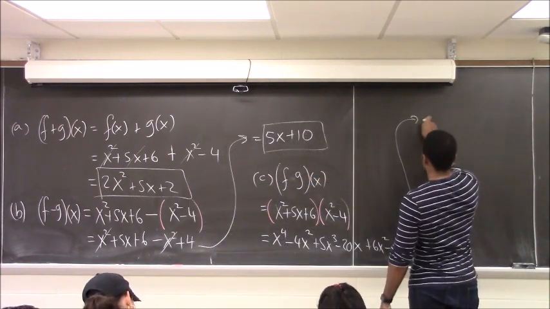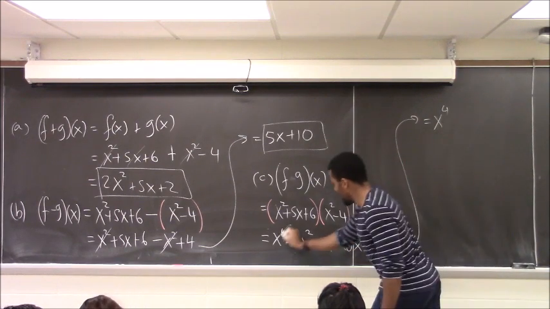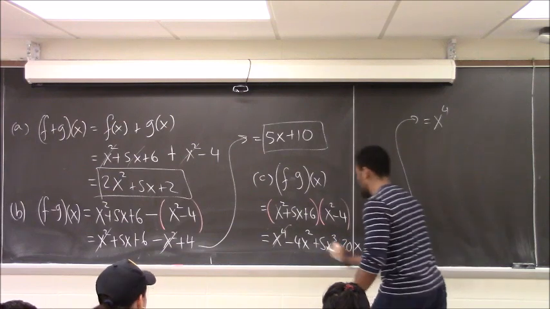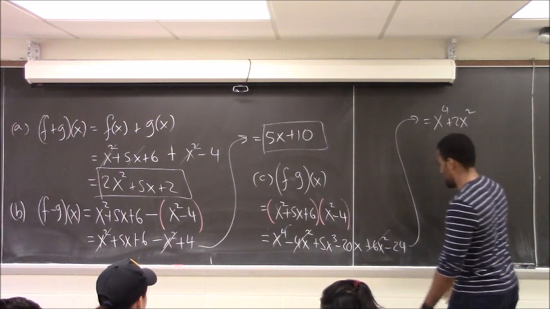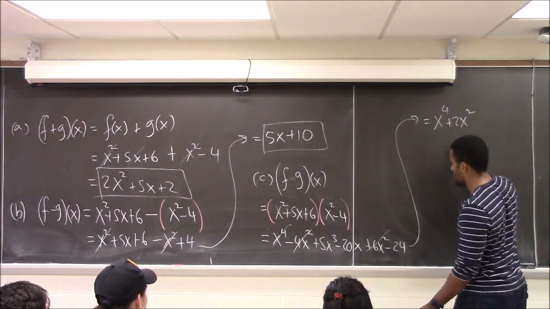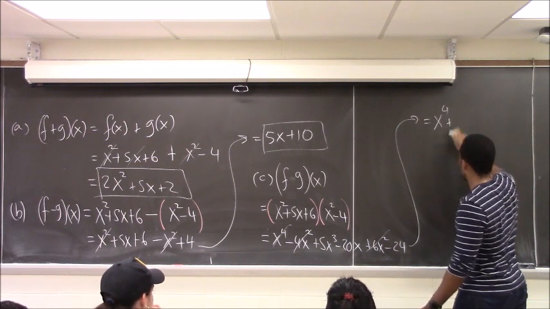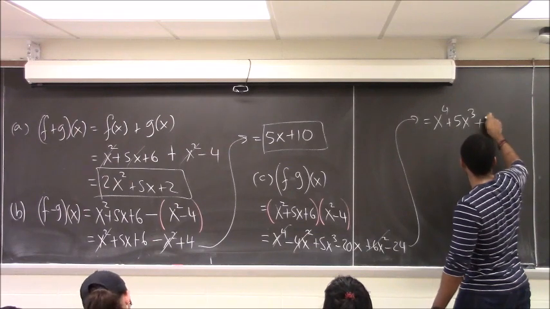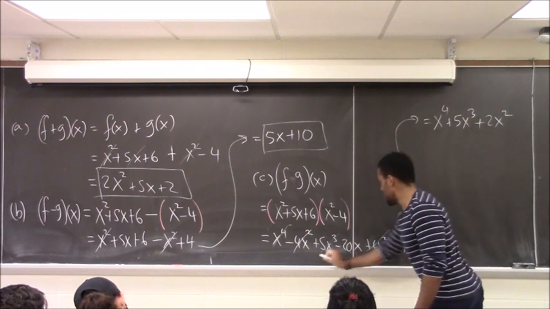Now you combine the like terms. So there's only one x to the 4th, so that's that guy. In terms of x squares, there's a minus 4x squared and a plus 6x squared, so that goes to plus 2x squared. In terms of x's, 5x, 5x. Yeah, the squares, we have the 2x squared, and we just put in the x to the 3rd.